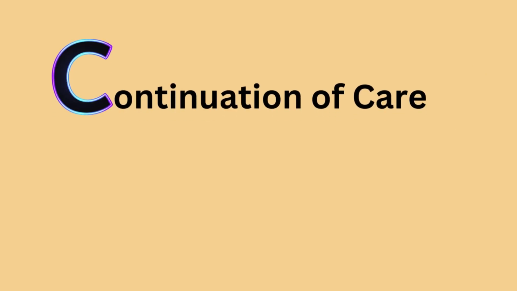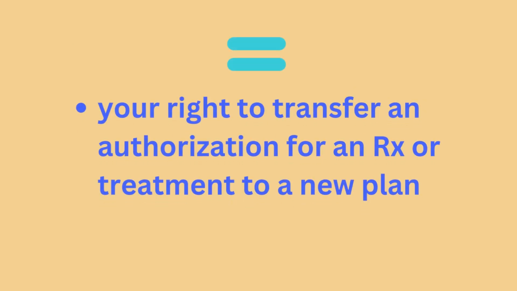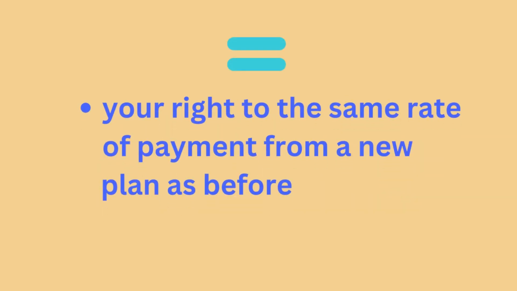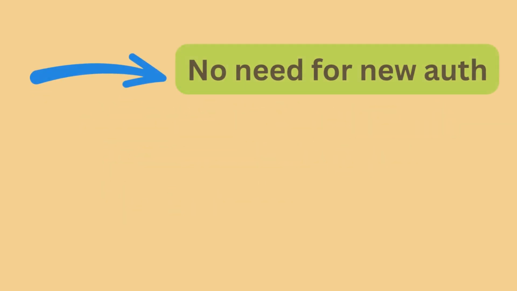Continuation of care is your right to have an existing authorization for a treatment or a prescription transferred to a new insurance company. It is also your right to have that same treatment or service paid at an in-network rate if it was before, but your new plan would consider that provider out of network.